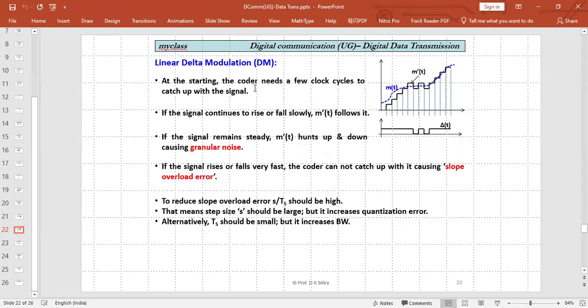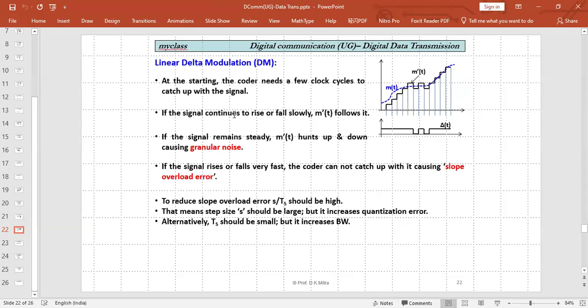Starting, the coder needs a few clock cycles to catch up with the signal, because our system always starts with zero, but the signal does not always start with zero. The signal may start with some 5 millivolt, 6 millivolt, any value. So at the first few clock cycles, it will take a few steps to catch up with the signal. And that's not a problem in practical application.